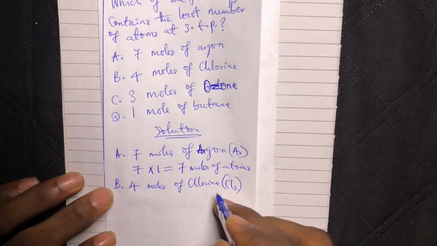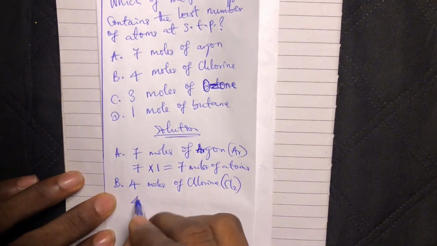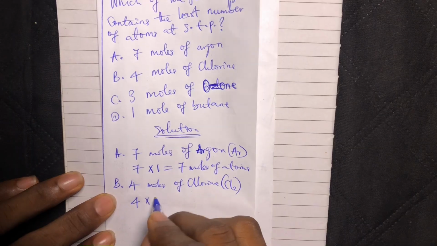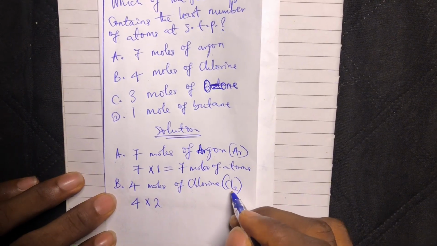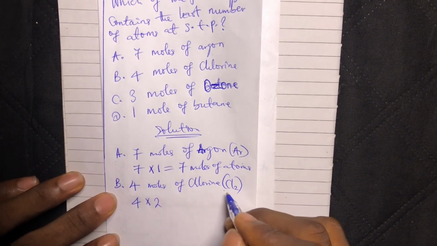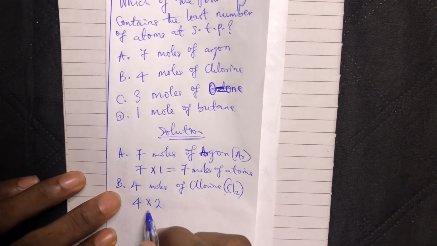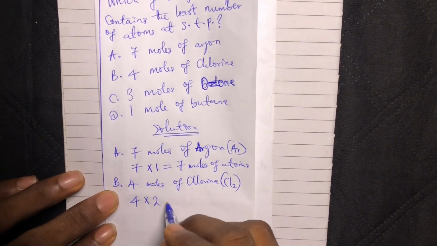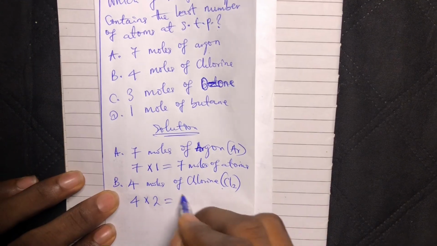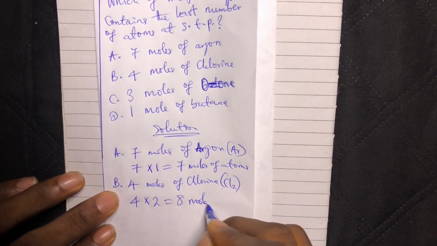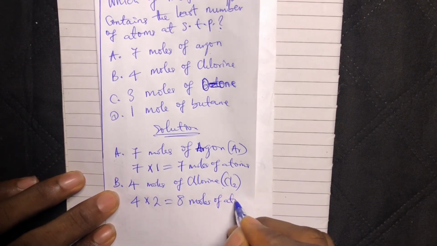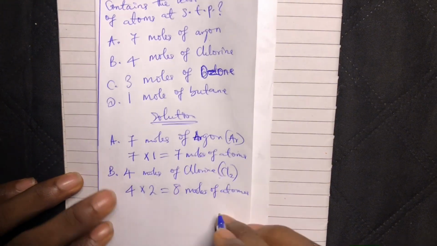Mind you, when we talk about diatomic, it means 2. So if chlorine is diatomic, which is 2, 4 times 2 is going to be 8. So 4 times 2 is 8 moles of atoms.